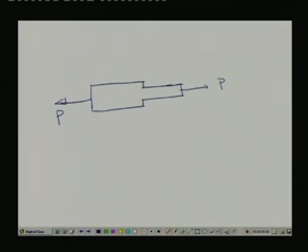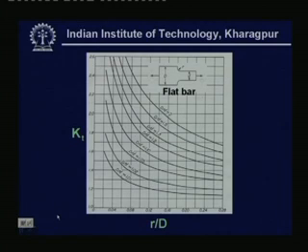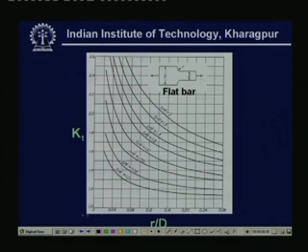Once I have given this load P over here, one thing reminds me to go back to the earlier one. I have just shown you a typical figure for a tensile load. If instead of this tensile load it had been a bending load, then also we would get similar types of curves, not exactly the same.